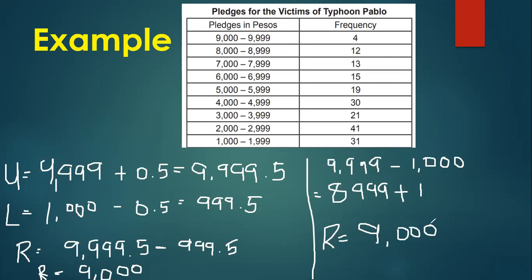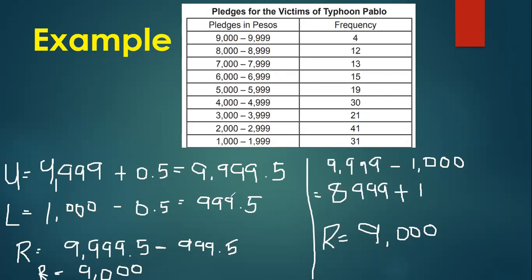Different procedure, but look, the final answers are the same. So it's up to you what you want to use. In the first method, you look to the highest interval on the top, add 0.5 for the upper class boundary, then look to the bottom part, that is 1,000, and subtract 0.5.